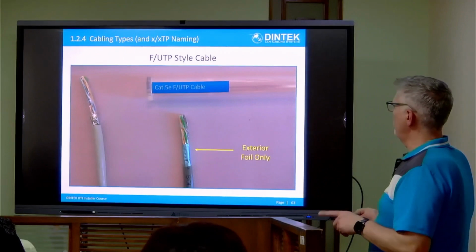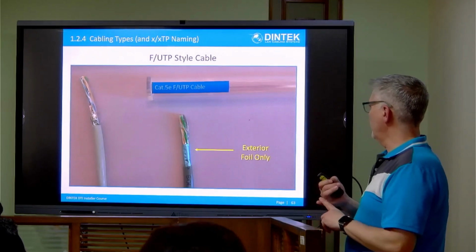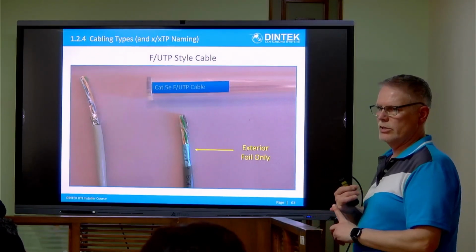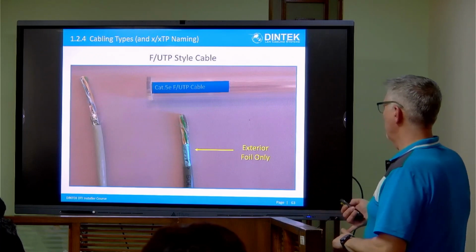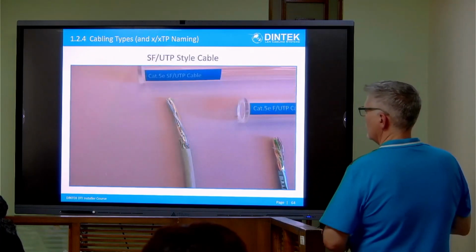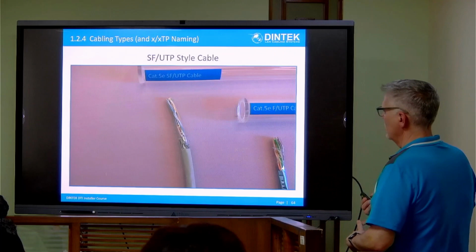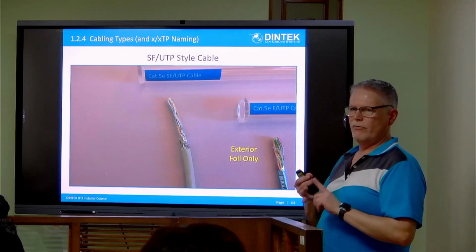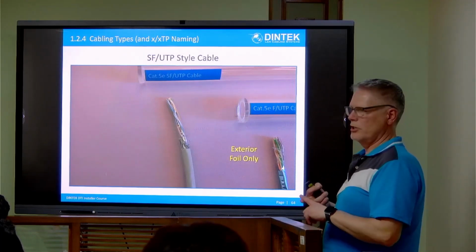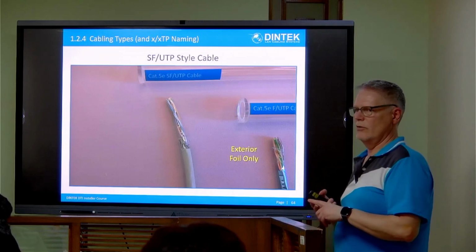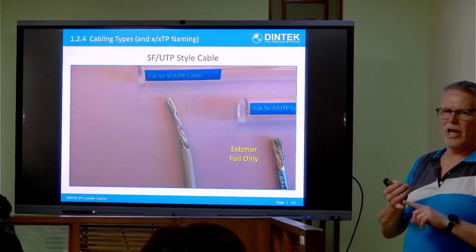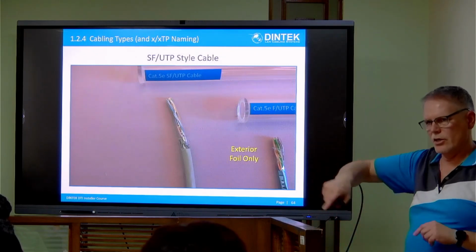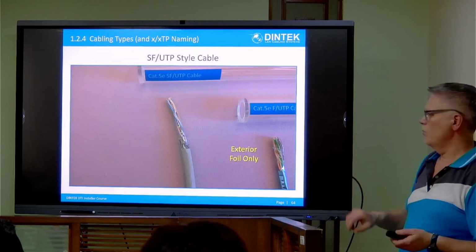So, Cat 5e, you can get these in foil-wrapped unshielded twisted pair cables. Not very common, those. This one here is a shielded, foil-wrapped, unshielded twisted pair. So you've got both a braid and foil around the exterior of the cable, but nothing around the pairs.